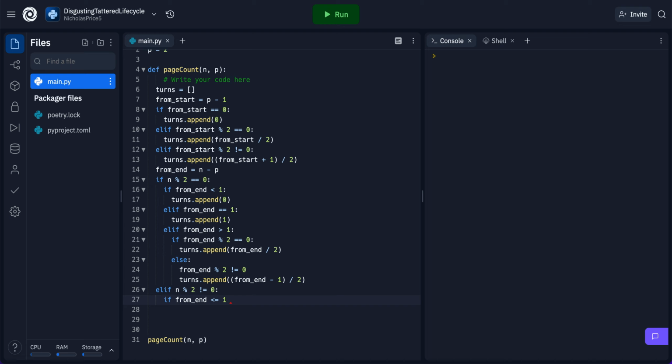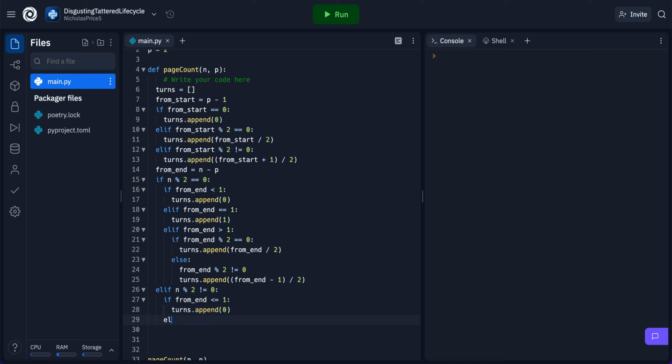That means if P is equal to 8 or 9, you don't have to turn the page. So if from end is less than or equal to 1, we can turns.append 0. So very similar to our conditionality up here, but not quite the same. We've got less than or equal to 1 as opposed to just less than 1.